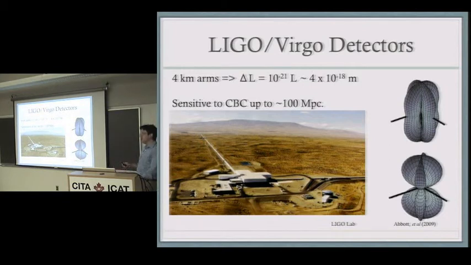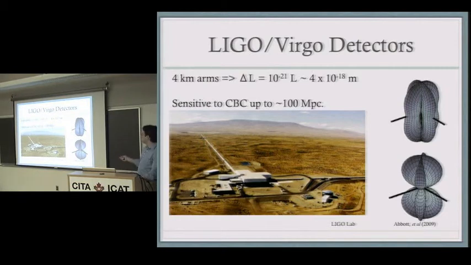Something that is very useful for us trying to extract information from gravitational wave signals is that the detectors do not have a uniform sensitivity pattern on the sky. A detector like this, these black arms indicated here, has, roughly speaking, this peanut-shaped sensitivity pattern to the plus polarization, and this sensitivity pattern to the cross polarization.